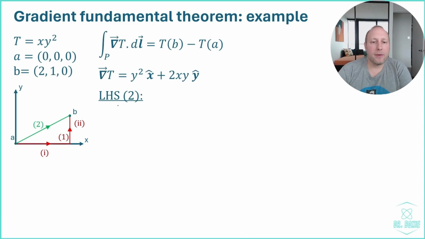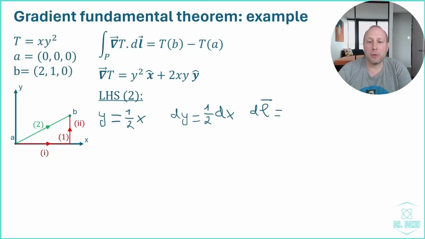If we now look at path 2, it is given by the equation y equals 1/2 x, and therefore along this path the change in y is always equal to half the change in x. So we can write dl along this path as, in general, dx x hat plus dy y hat. The dx x hat I leave, and the dy I replace by 1/2 dx, so we get plus 1/2 dx y hat.